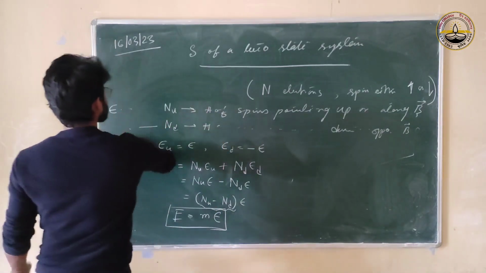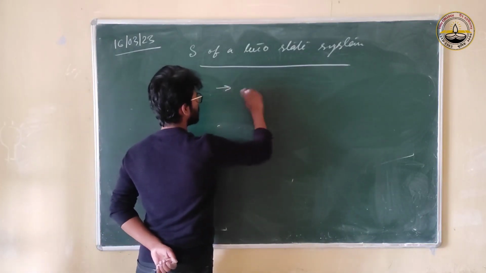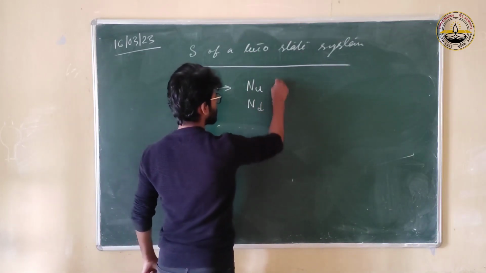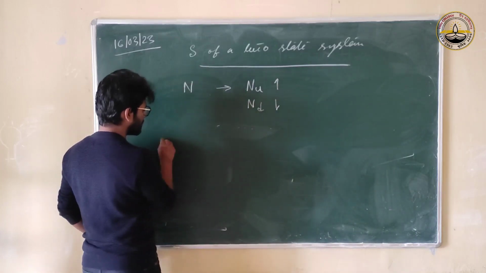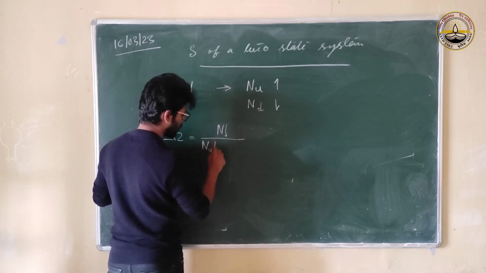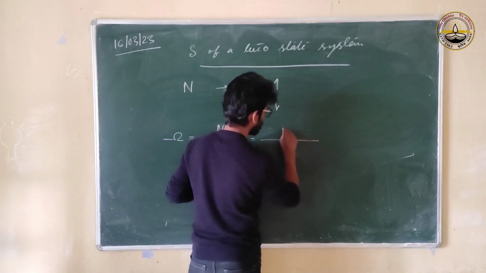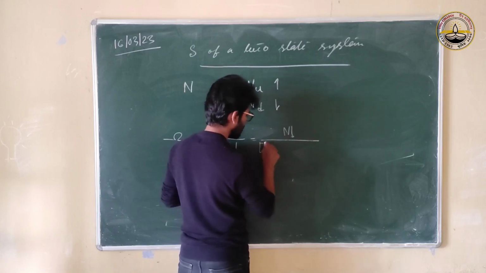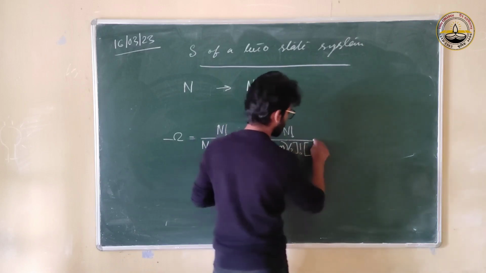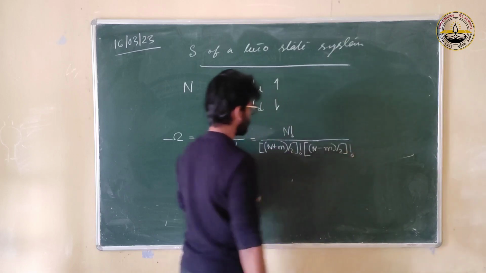So we did that. How many ways, out of N number of spins, can N up number point up, and N down point downwards? That is given by omega equal to N factorial by N up factorial and N down factorial, right? And this is nothing but N factorial by (N plus M by 2) factorial and (N minus M by 2) factorial.